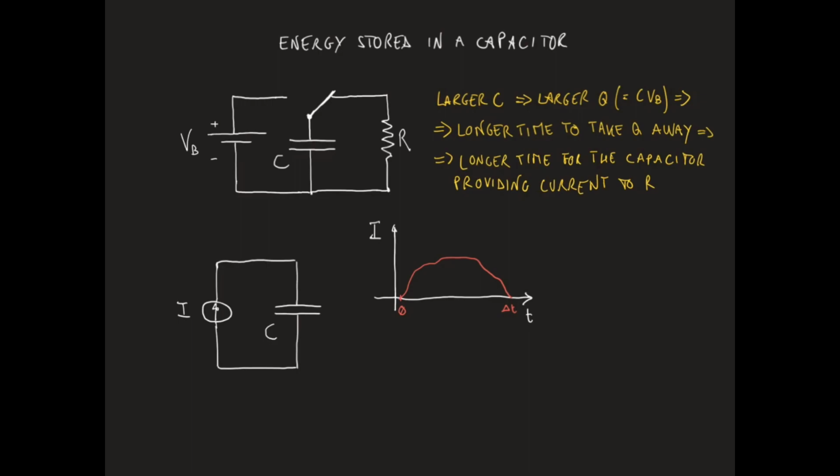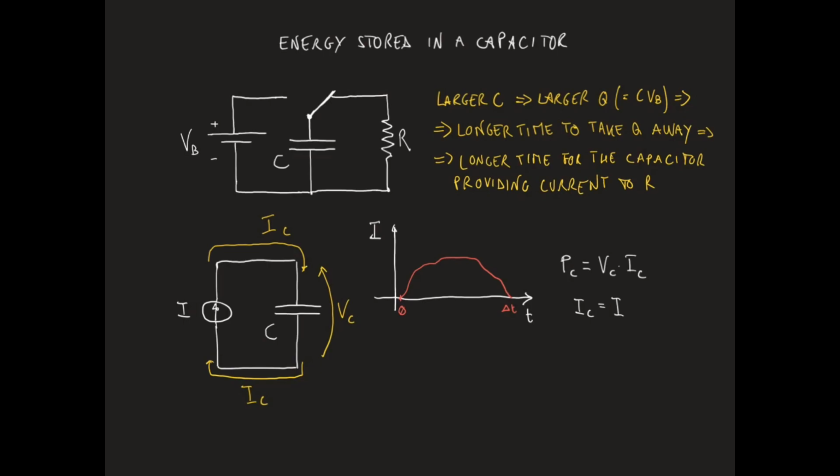The current source will bring charge onto the plates of the capacitor, therefore increasing the voltage across the component. The instantaneous power Pc delivered by the current source to the capacitor will be given by Vc times Ic by definition of power, where Ic, of course, is equal to the current I.